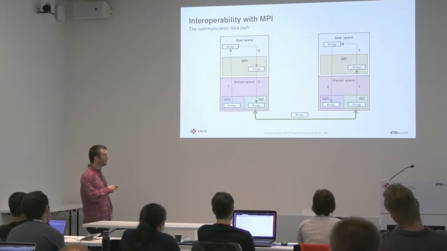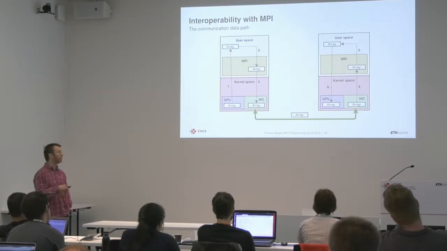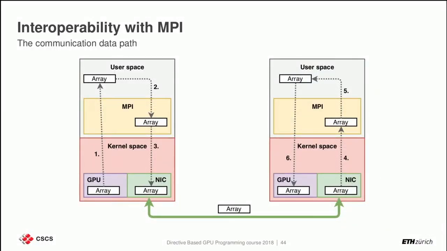And on the other end, we have the same thing. From the network card, we go to the MPI receive buffer, to our user space, and then update device to get it on the GPU. So that's like 6 copies. If you have frequent communication, that's not very efficient.